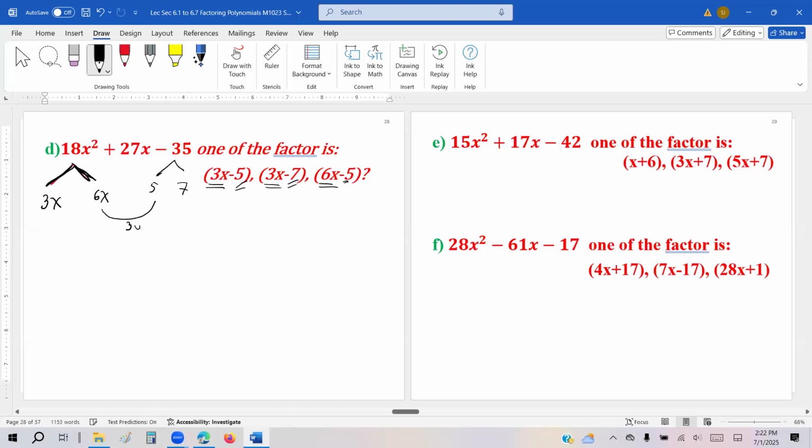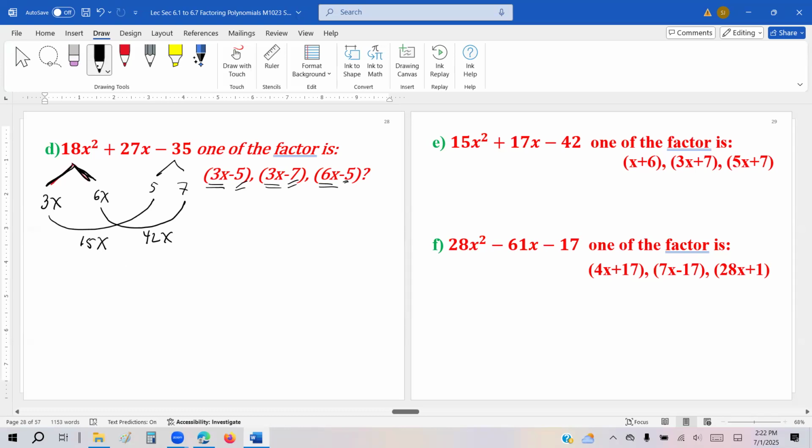This is 30 and this is 21. Do we get 27? No. So my pairing is wrong. So 6 goes with 7, we get 42x. 3 goes with 5, so we get 15x.